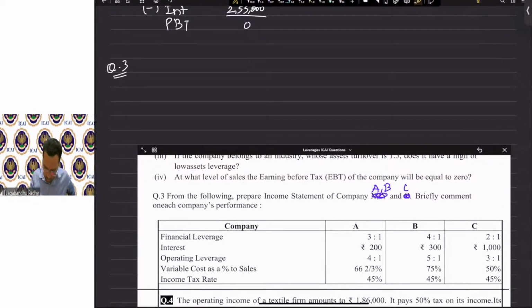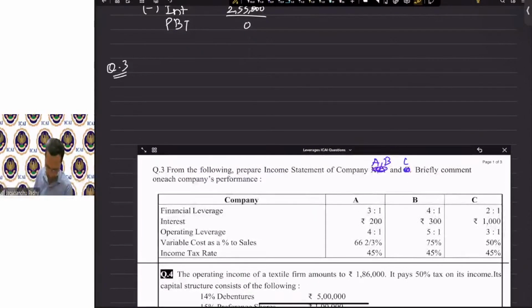Mr. Bandi, you are asking, yeah, this is profit before tax, not earnings before interest and tax. Question three. From the following, we have to prepare income statement of company ABC. Briefly comment on each company's performance. For company ABC, we've got the financial leverage numbers, interest, operating leverage, variable cost as a percentage of sales, and income tax rate given.